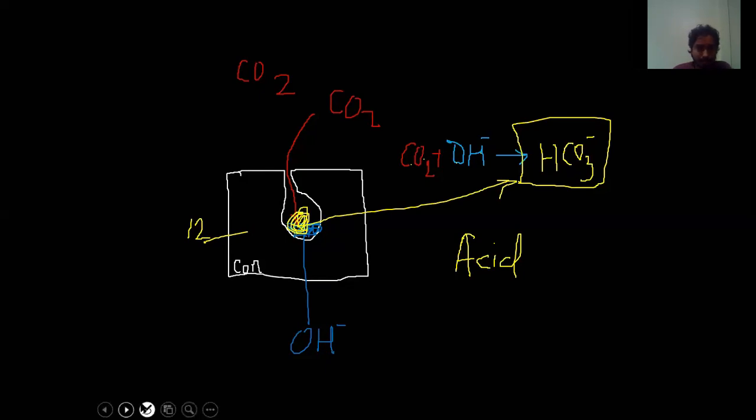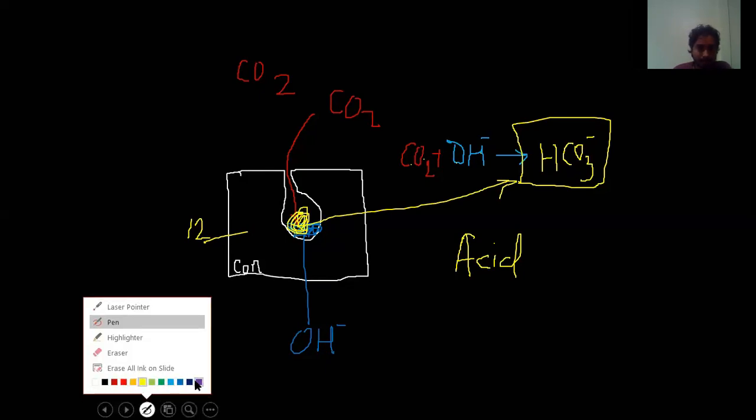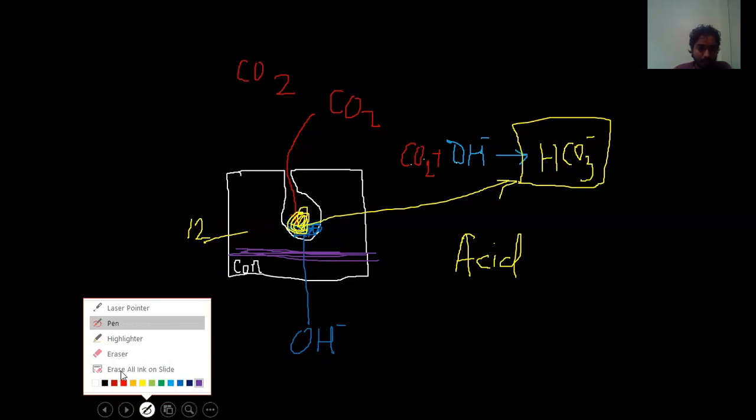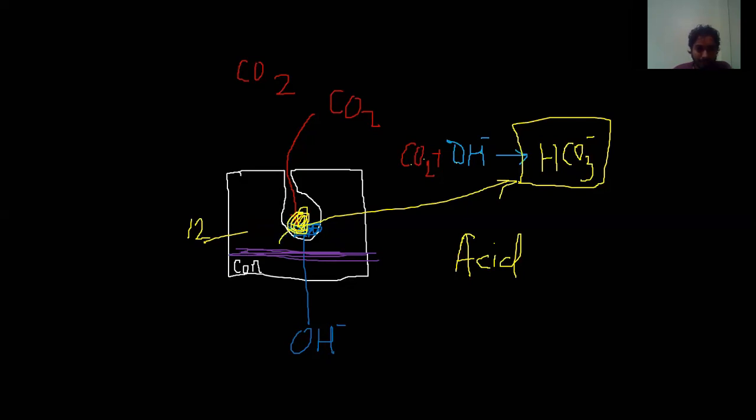Say for example, the reinforcement is embedded in the concrete. Because of this acid, it is going to intrude to the reinforcement and cause corrosion. This is how the reinforcement gets corroded because of this carbonation process.